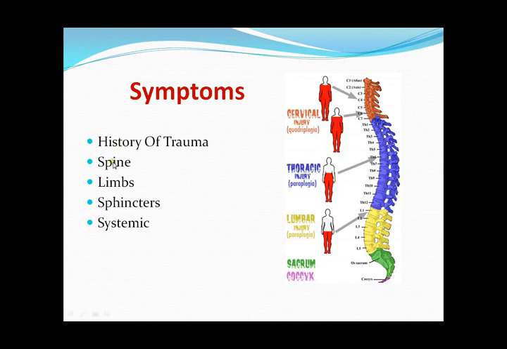Then we should ask about the spine, limbs, and sphincters. Does the patient have pain in the cervical, lumbar, or thoracic region? These three things are very important. Then look at the limbs, whether the patient has weakness of both upper and lower limbs, or only the lower limbs. And we should not be confined to these things, but should also have a systemic review, so ask systemic questions as well.